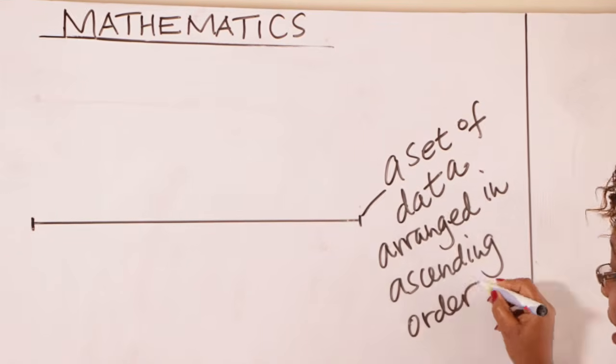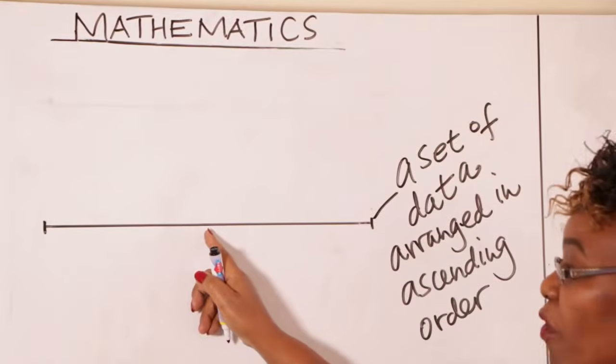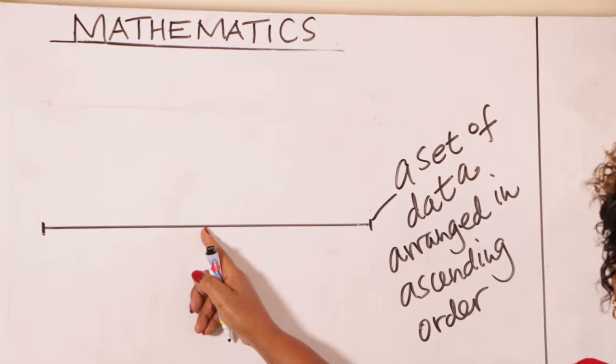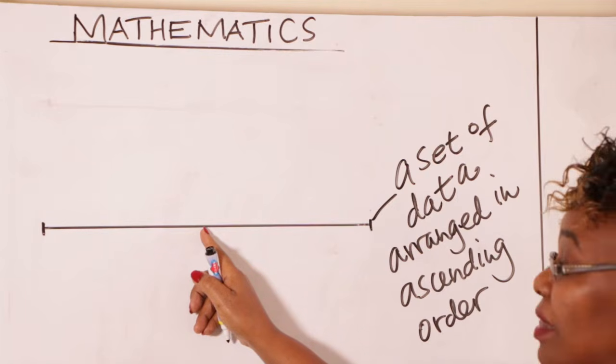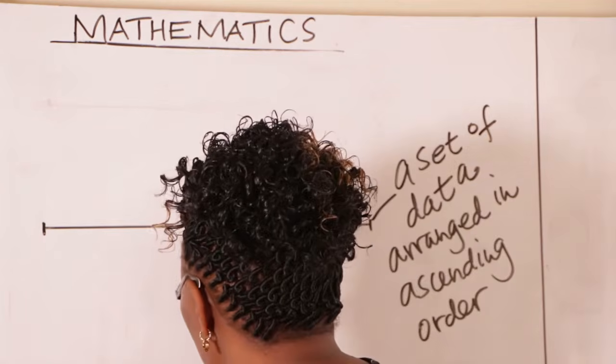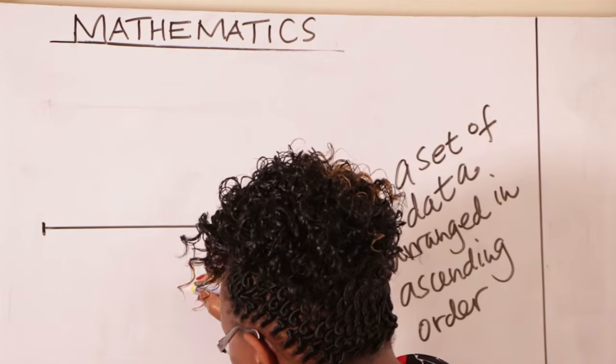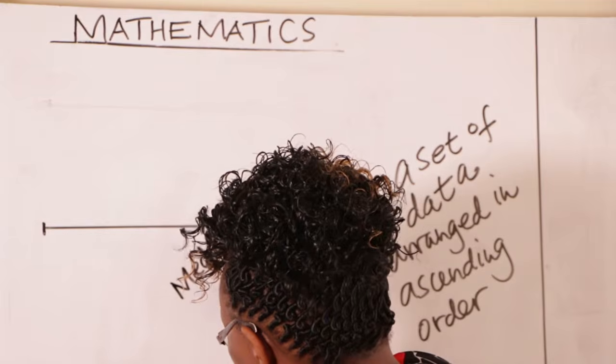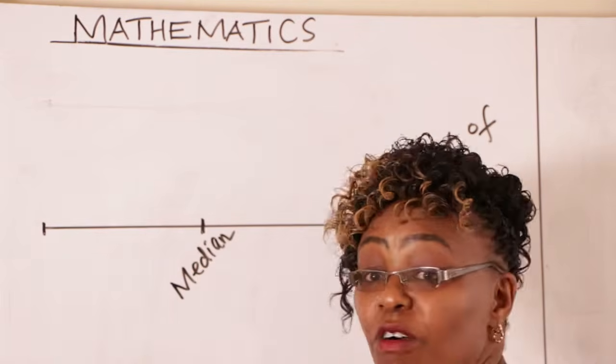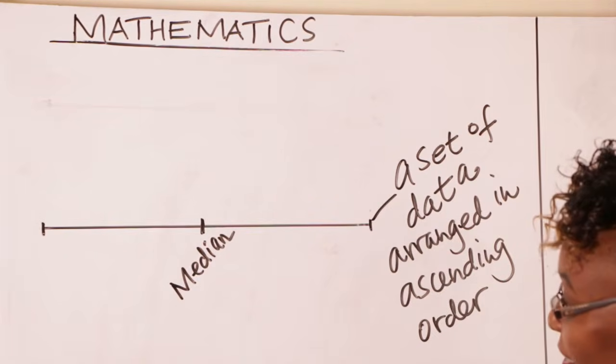Lana, the value that falls at the middle of that data is called the median. Suppose this is our midpoint or middle, that value there is called the median of the data.